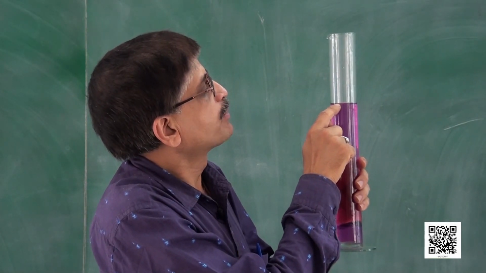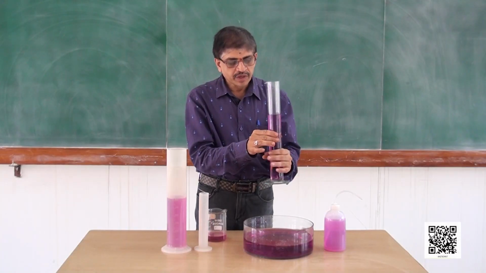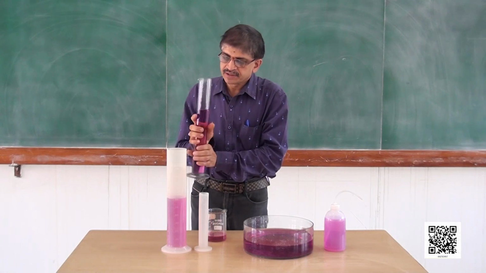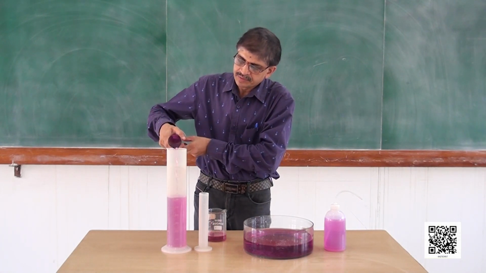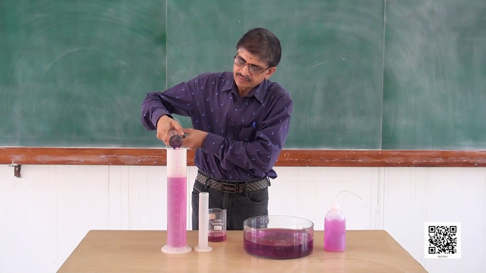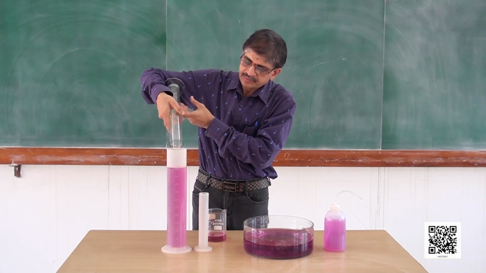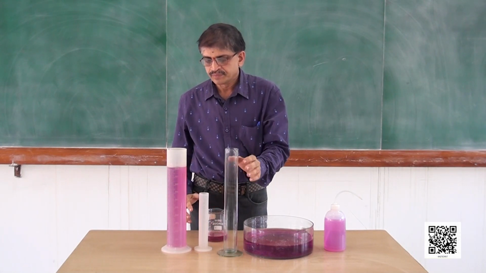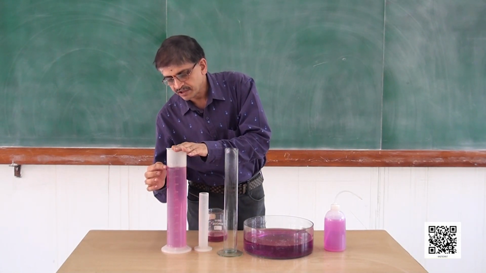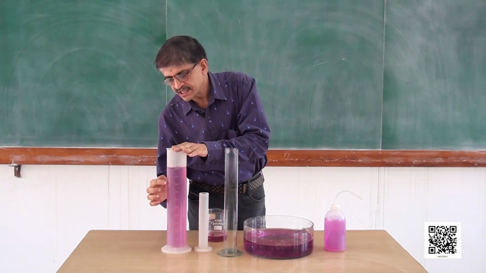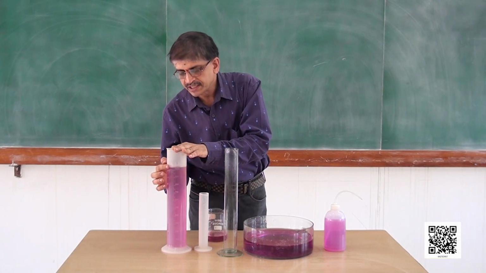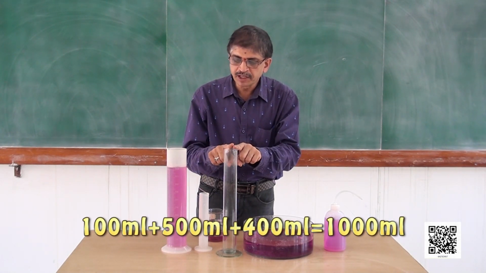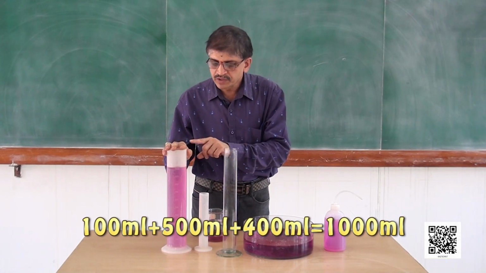Water level reached here up to 400 milliliters. We now pour this 400 milliliters into the 1 liter measuring cylinder. Water level reached up to 1000 milliliters. So 100 milliliters plus 500 milliliters plus 400 milliliters is equal to 1000 milliliters.